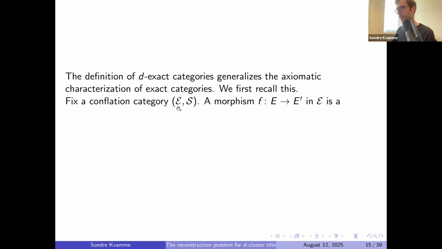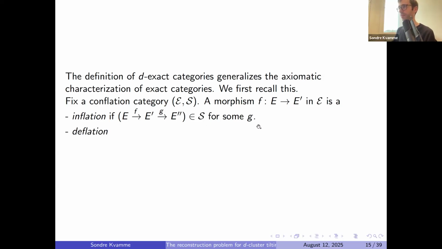So fix a conflation category E, so an additive category, together with a class of kernel-cokernel pairs that we have fixed. Then we say that a morphism in our additive category is an inflation if it's the leftmost part of a conflation, or in other words, if it's the leftmost part of a kernel-cokernel pair in our class.